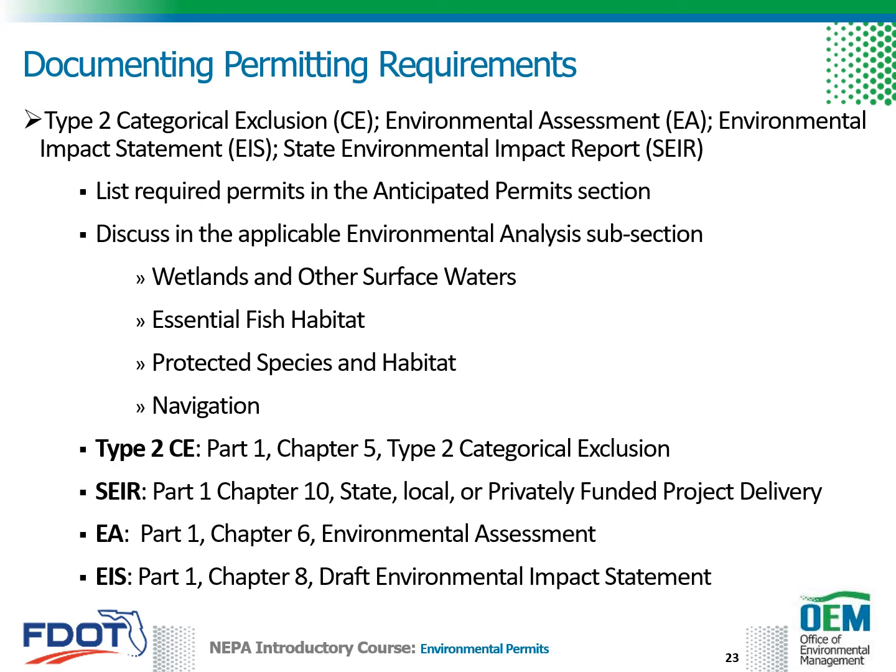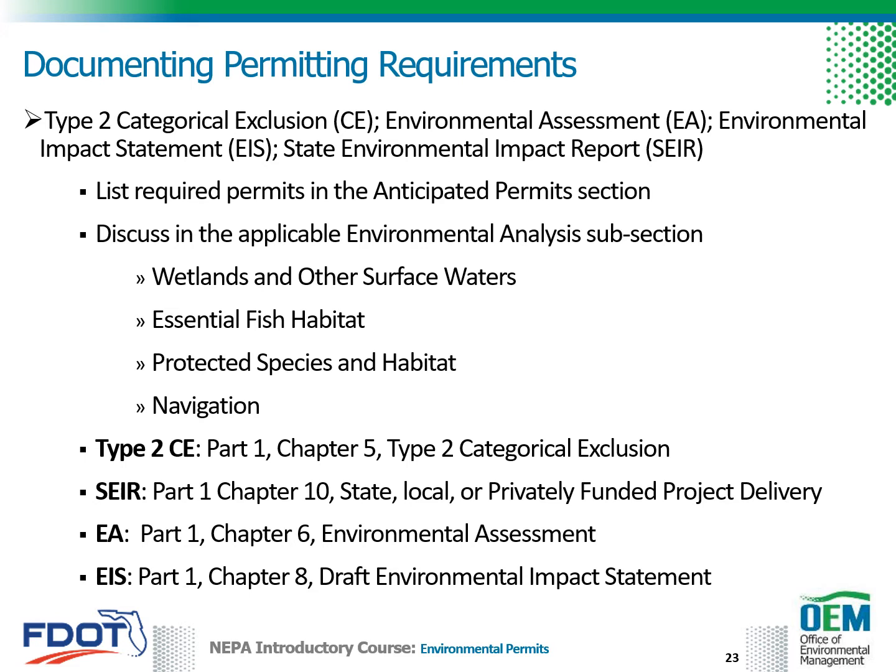Permits are recorded in the environmental document in a similar manner for Type 2 categorical exclusions, environmental assessments, environmental impact statements, and state environmental impact reports. Permits are listed in the Anticipated Permits section. They are also discussed in the Applicable Environmental Analysis subsection as part of the discussion of coordination with the resource agencies requiring the permit.